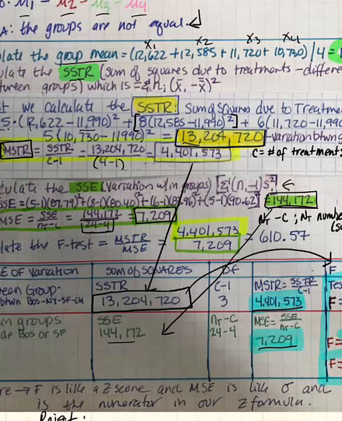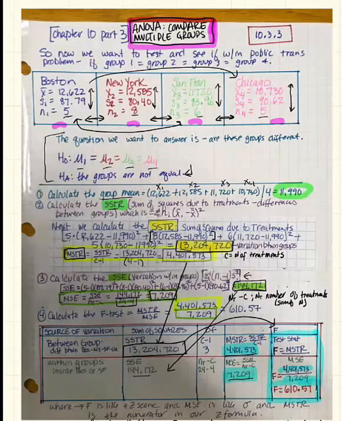So we're going to reject the null here because our F is significantly larger than our critical value, even though we didn't look up the critical value, but we could look up the critical value, and then I'll show you that we way exceeded.